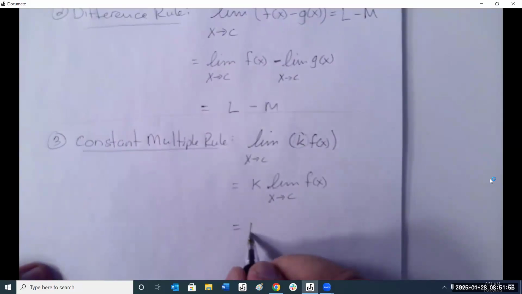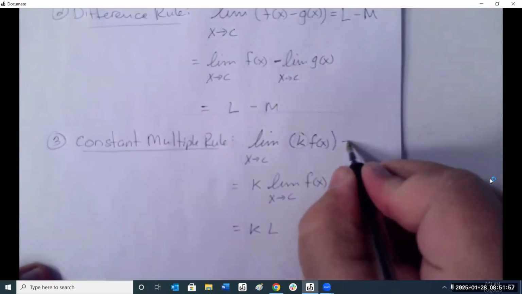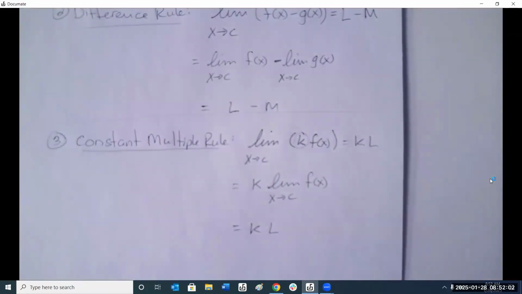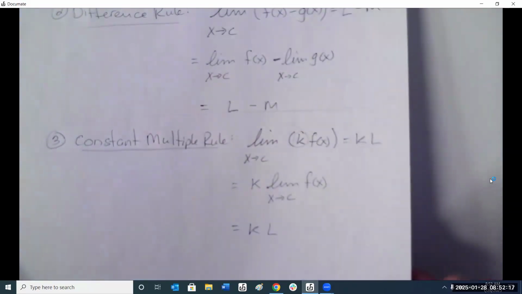Which makes it k times L. So what this is saying so far is whenever you take the limit, the coefficients are really not that important. You just take the limits with respect to the x values.